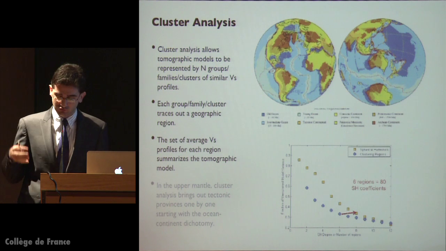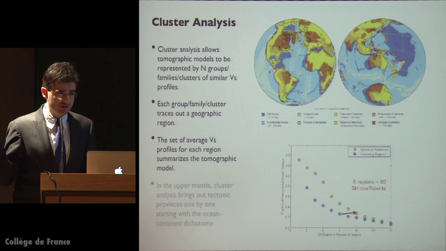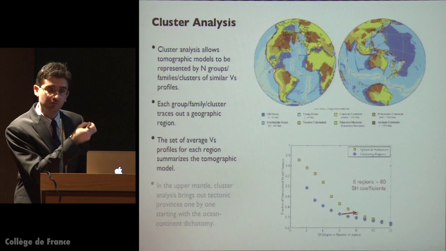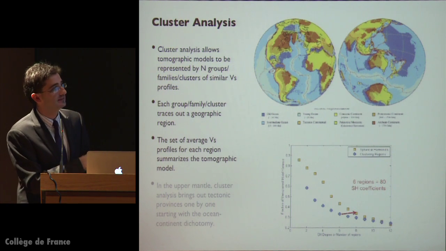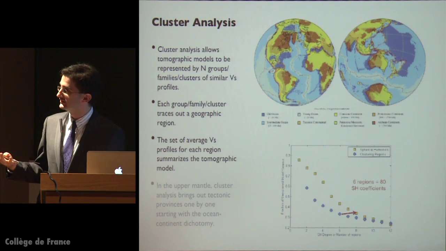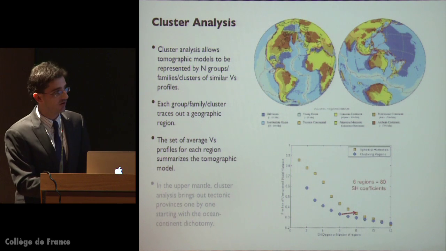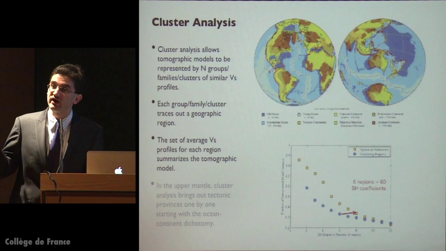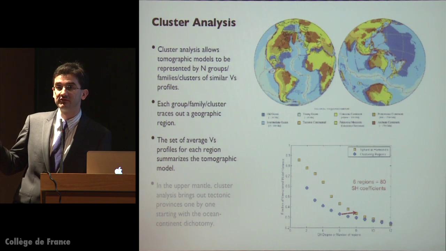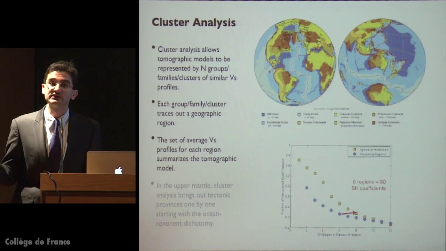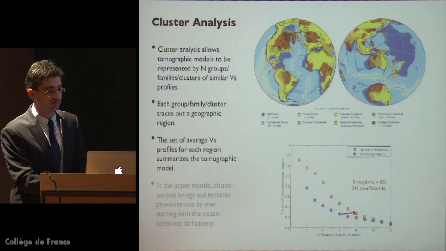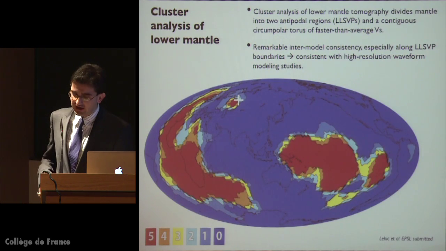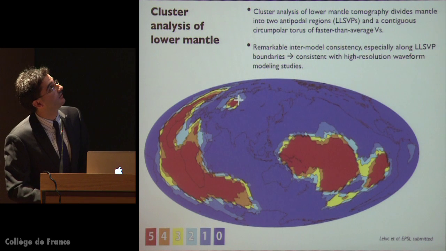And because for each region we can define an average VS profile, these average VS profiles summarize the information content from the models in some way. And also the similarity between the geographic extents of the regions defined by different models tells you how similar the tomographic models really are. So what happens when you do this in the lower mantle?